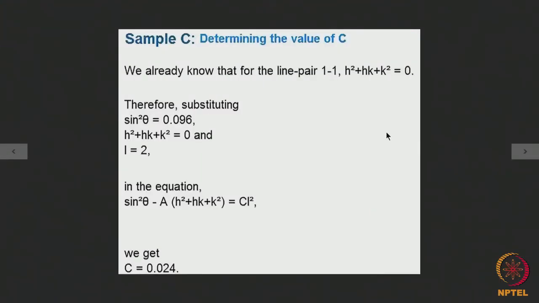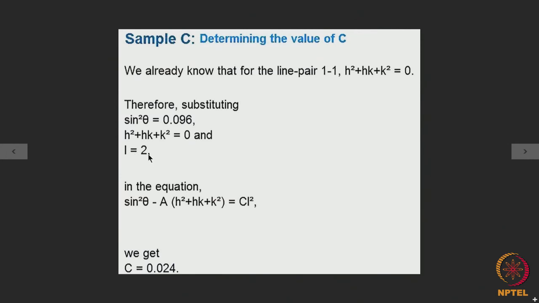Now, we already know that for the line pair 1 1, h square plus hk plus k square is 0. Therefore, when we substitute for sin square theta, it will be 0.096, h square plus hk plus k square is equal to 0, and L is equal to 2.